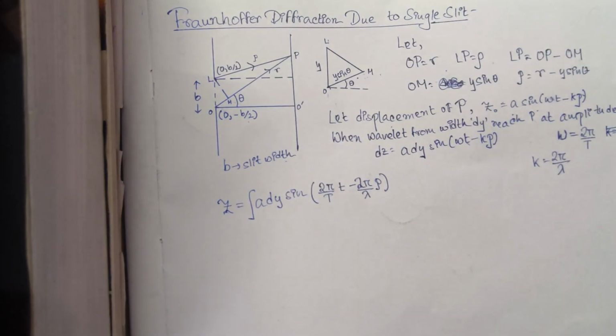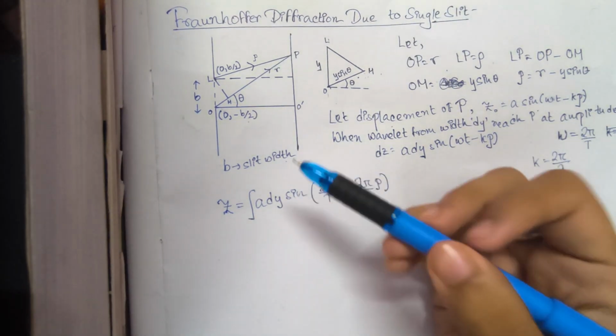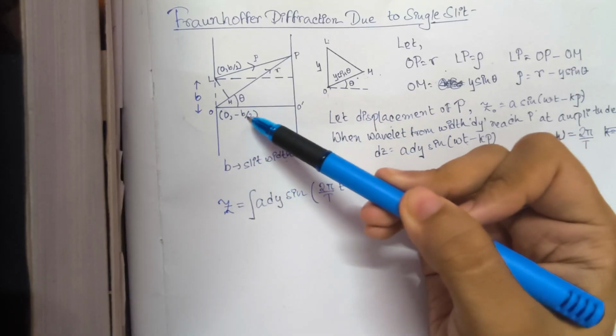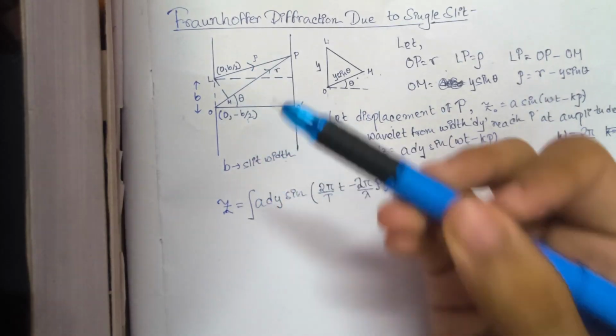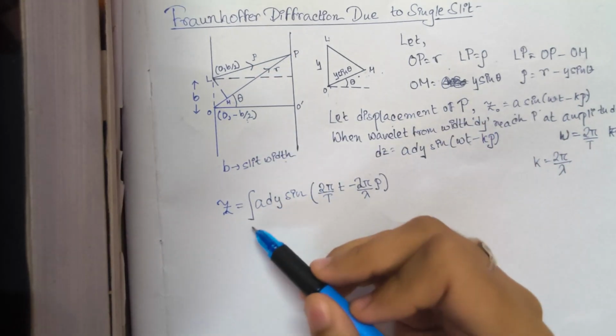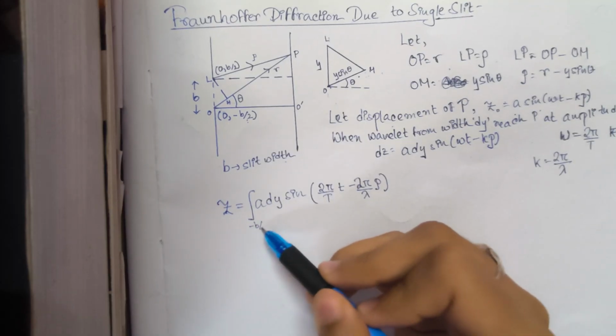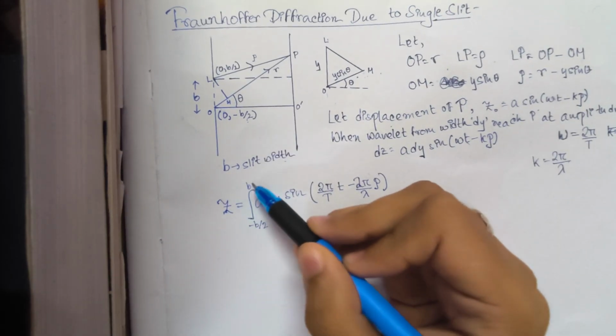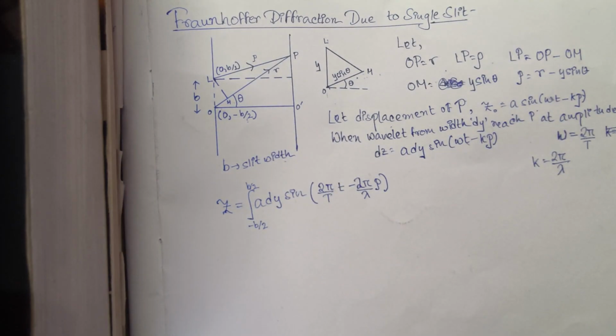I am putting the values of omega and k. From where to where am I integrating? I am integrating from minus b by 2 to plus b by 2, so my lower limit will be minus b by 2 and upper limit will be plus b by 2.